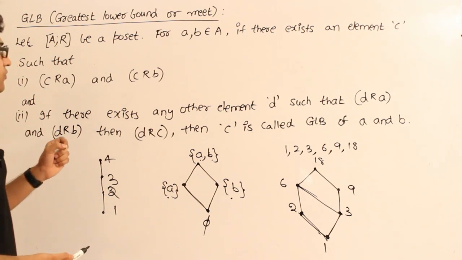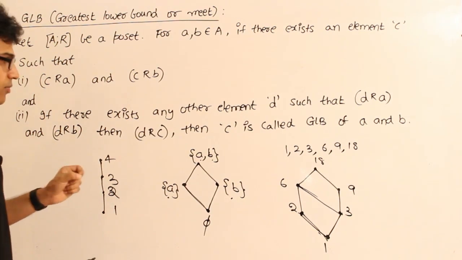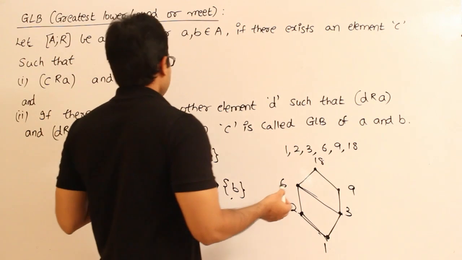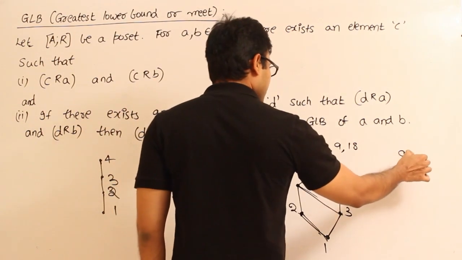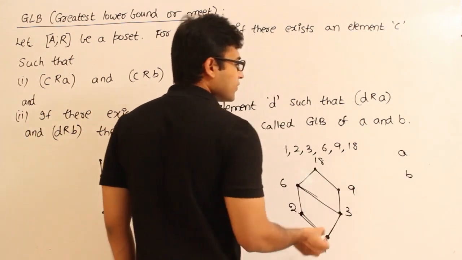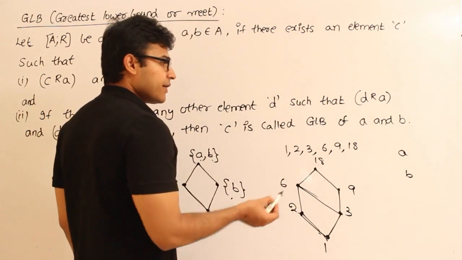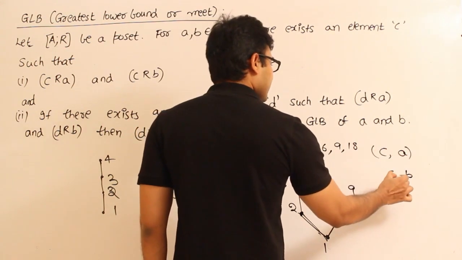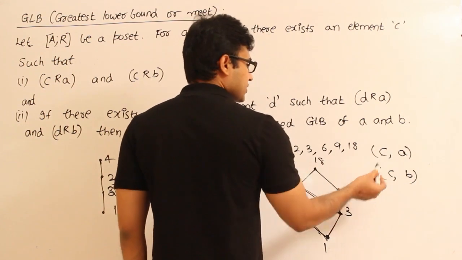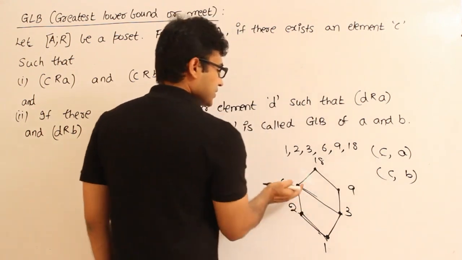If you want an element to be a lower bound, then it should be related to both of them. Let us say I am talking about element A and element B. If you want an element which is the GLB of these two, then that element should be present in the relation like this, lower than these two in this level.